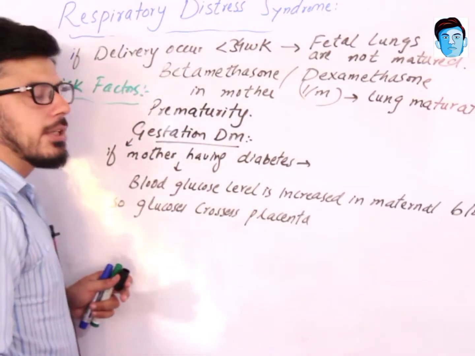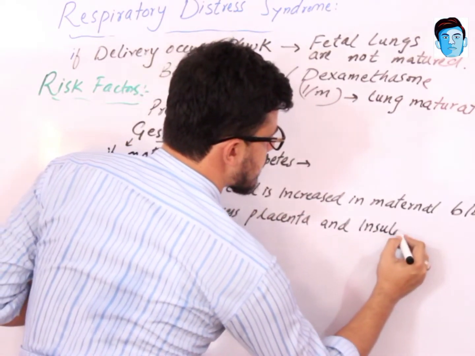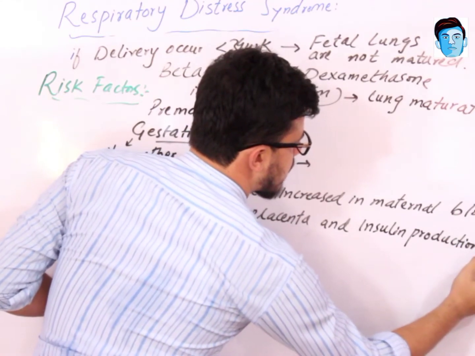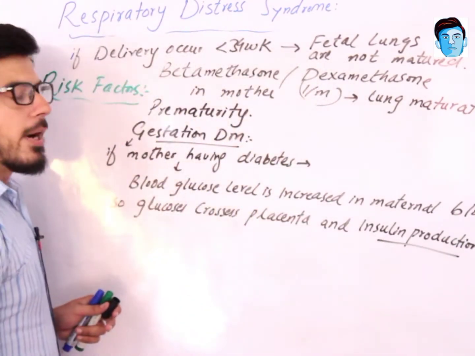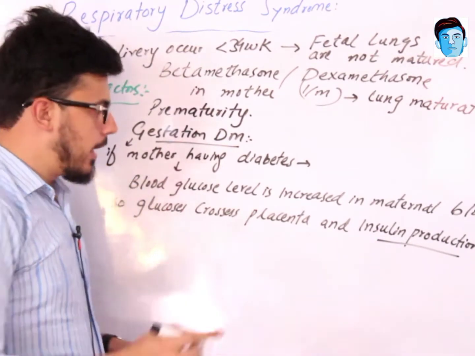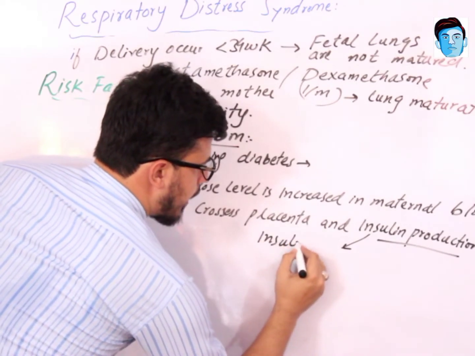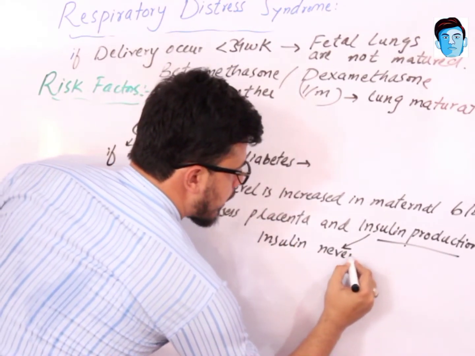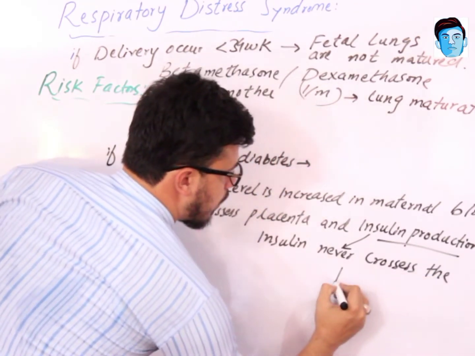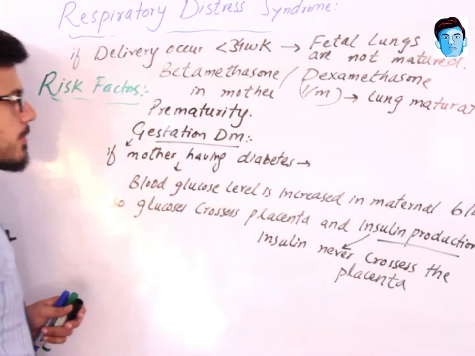The mother produces insulin, and insulin production is started. As you know, the major function of insulin is to regulate the blood sugar level, but the important point is that this insulin never crosses the placenta. So if it does not cross the placenta, what will be the circumstances?